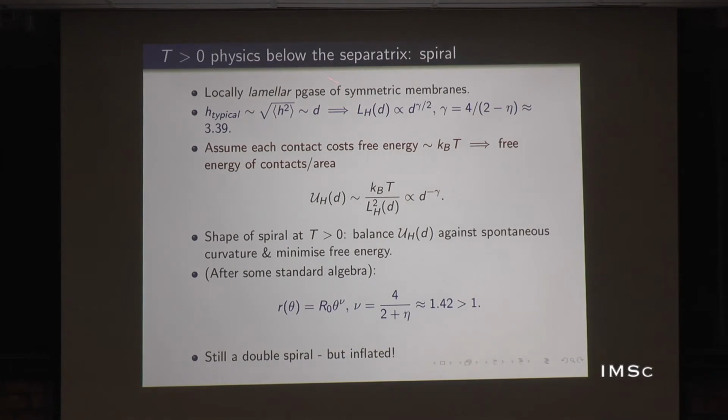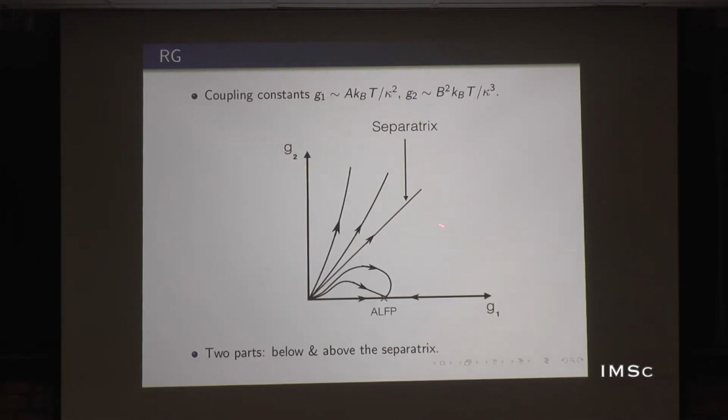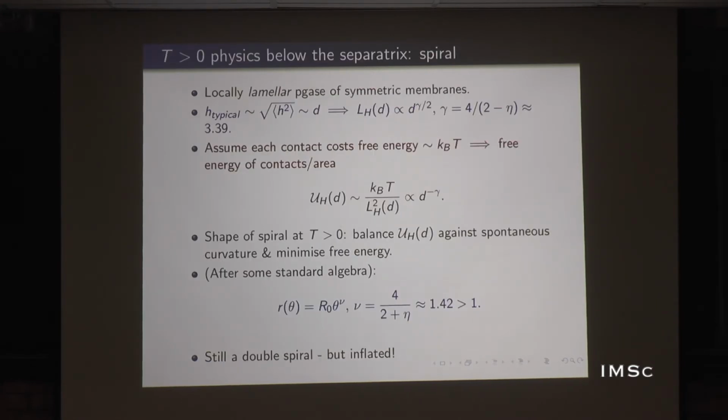If you are on this side, the ALFP side, you essentially have local lamellar phases of symmetric membranes. You can show that this Helfrich length scales with H typical.